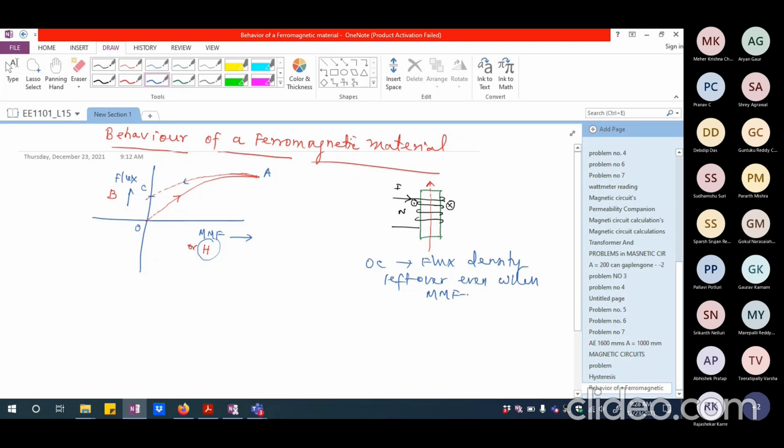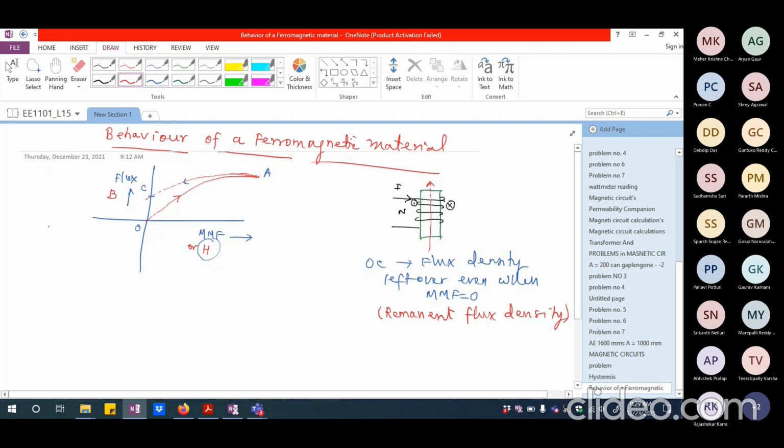I'm not going to have any MMF, but still there will be some flux left over. So this OC is generally known as the remnant or remaining flux density. Even at zero current, this is going to remain.